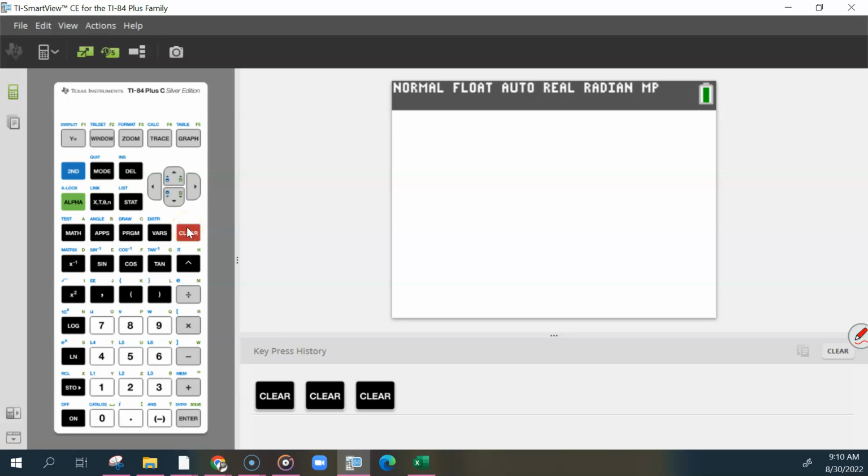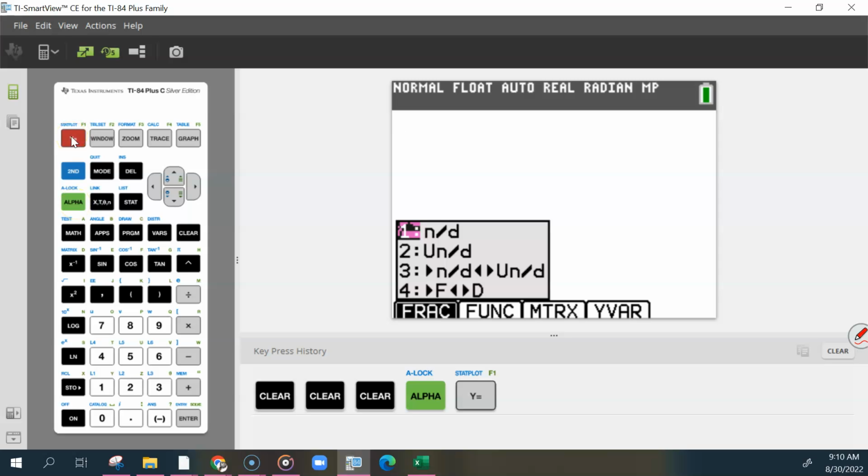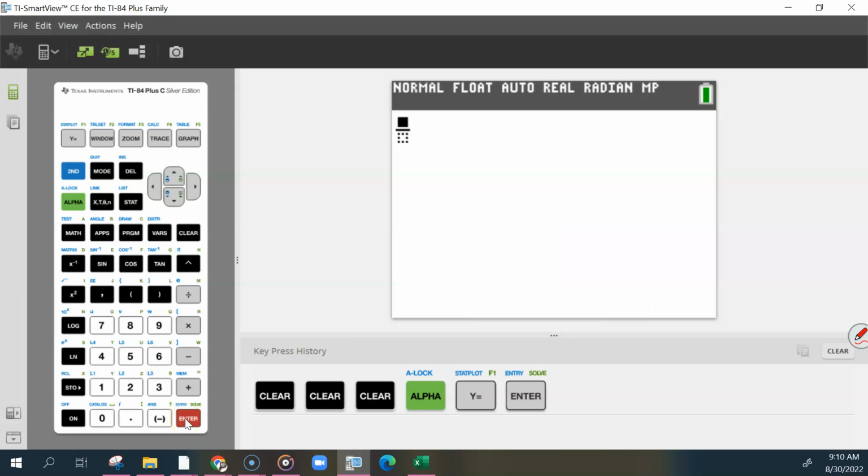Okay, so to get a fraction in here, we're going to press alpha y equals. Everyone should be putting this into the calculator. It's going to be this first one that says n over d, your numerator over denominator. When you press enter, you're going to get a fraction bar.